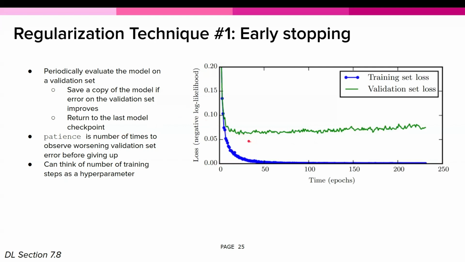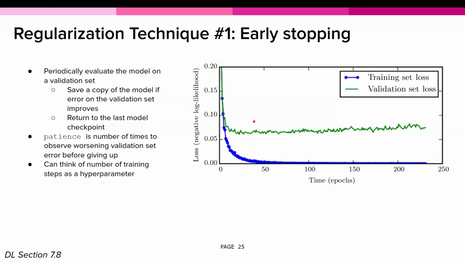Then you wouldn't have to keep training the model over all of these epochs, where what you're really interested in is just its performance right around here. And so you might get to this point and then stop training and call it a day.